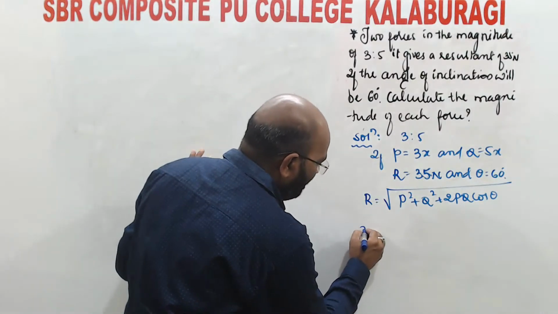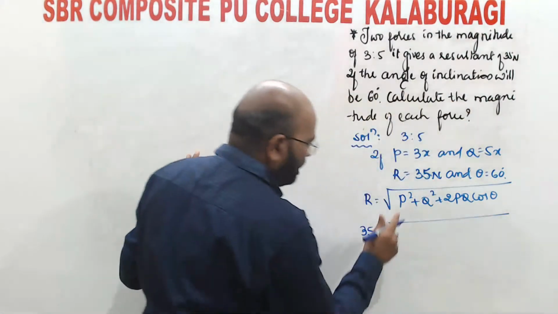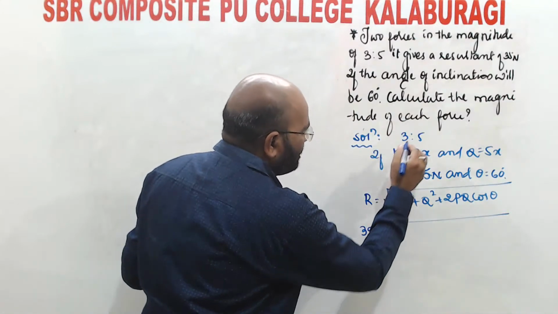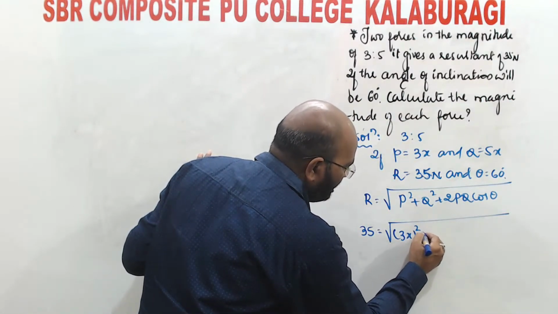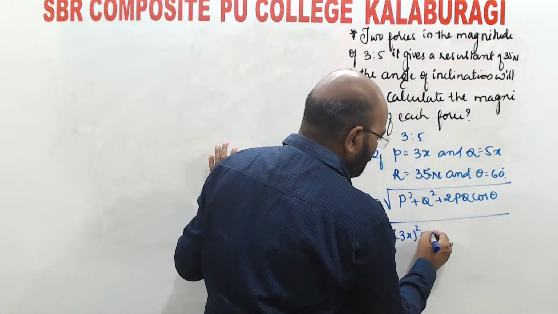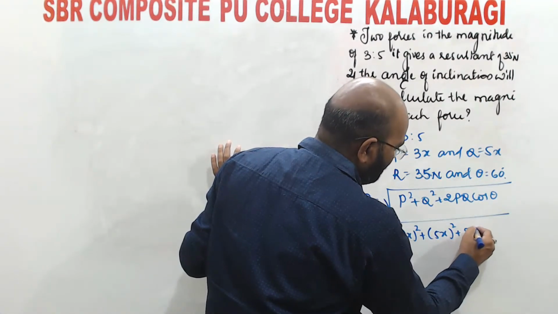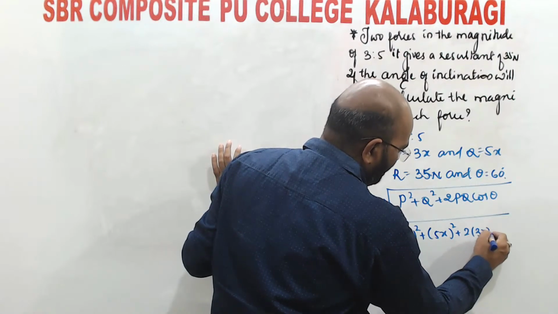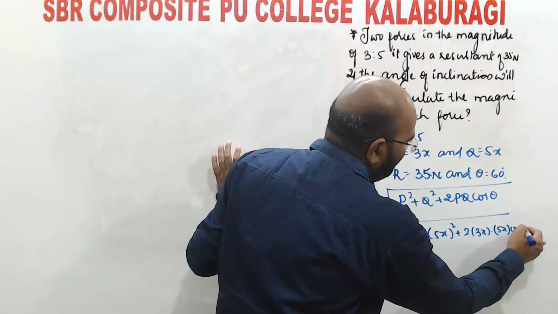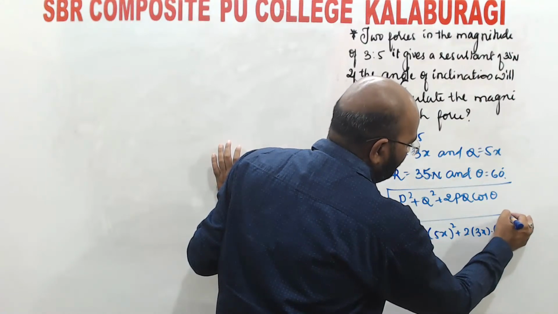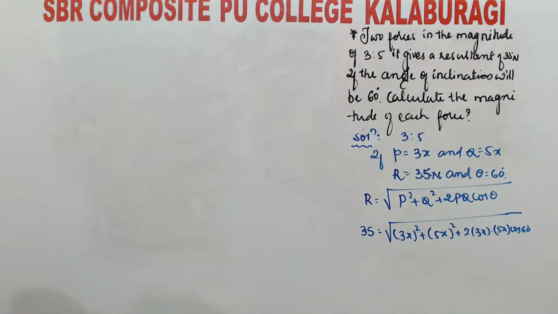So 35 Newton is equals to under root of P square, that is 3 times of X whole square, plus Q square, 5 times of X whole square, plus 2 times of 3X into 5X into cos of 60 degree.